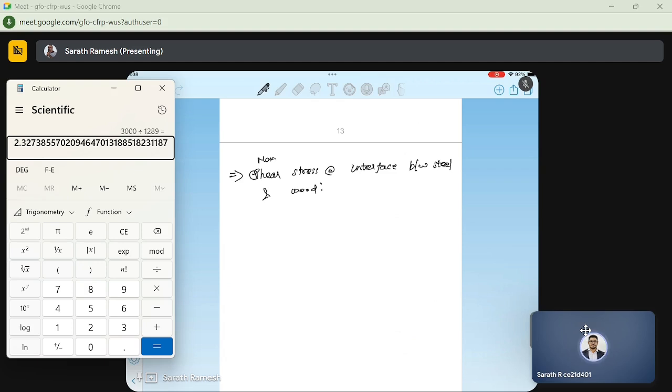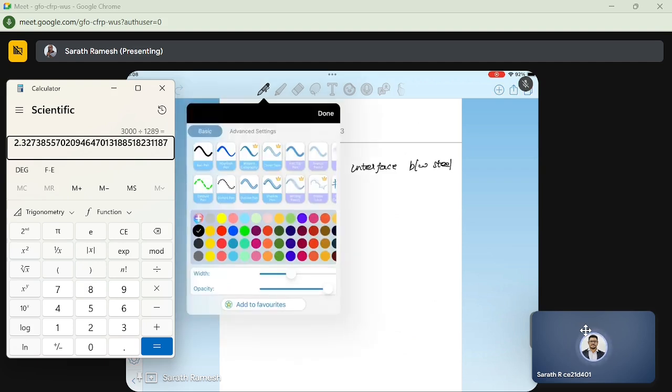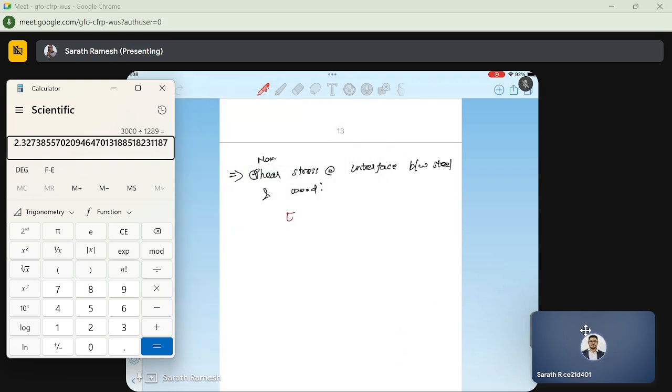How to find it? The shear stress formula that we know is tau equal to VQ by I. V is nothing but the maximum value, V max, because we want tau max.